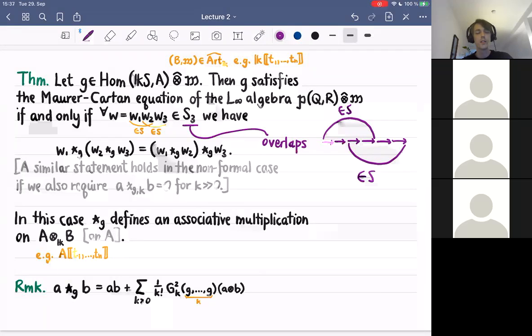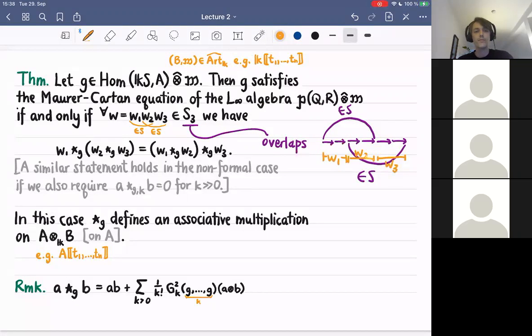So W1 star G, the associativity of this new bilinear operation that we call star G. In this case, this would be W1, and this overlap here is W2, and then this last bit here would be W3.